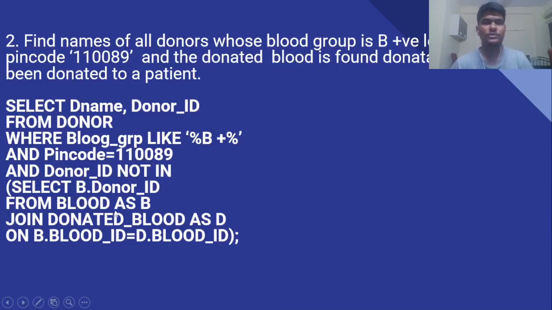This relation gives the list of donors whose blood has been donated. As you can see, we have joined two tables, that is the donor table and the donated blood table. So this relation will give the donor IDs of those donors whose blood has been donated, and to satisfy our query we have used this not in statement.